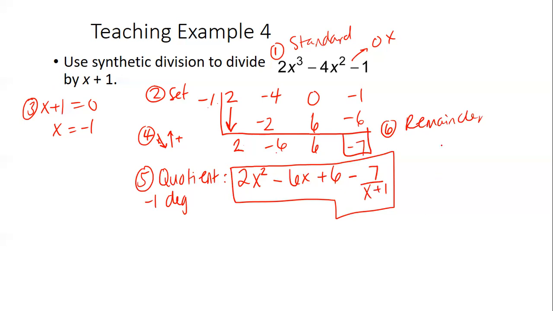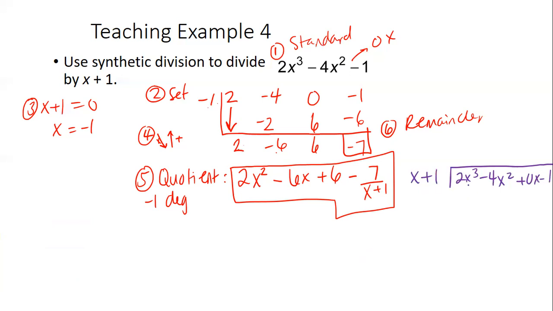Okay, so just for fun, I'm going to show it to you as a long division. So if I was to do this as long division, it would be x plus 1 divided into 2x cubed minus 4x squared plus 0x minus 1.